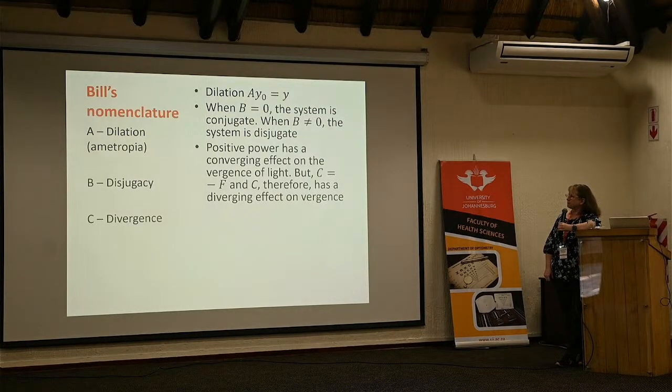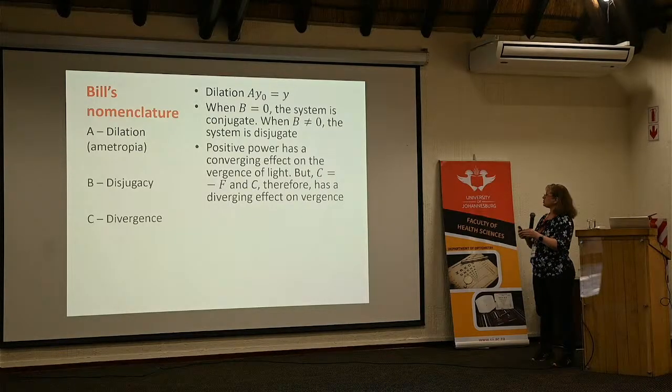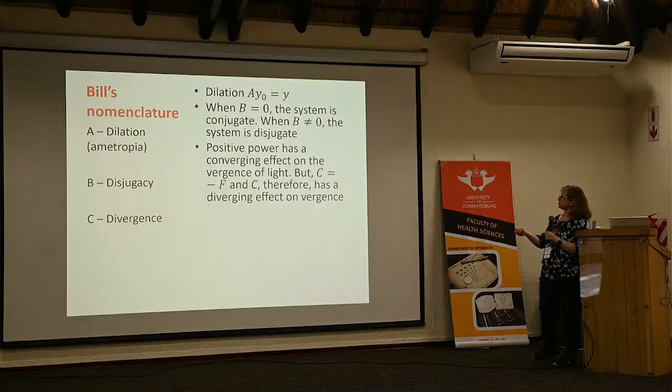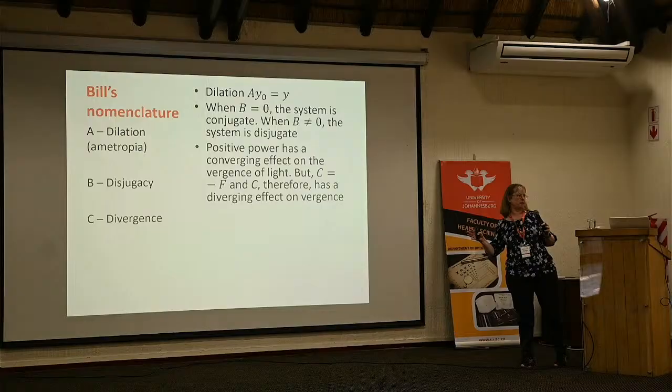C, divergence. We talk about a positive power having a converging effect on the divergence of light. So if C is equal to minus F, then positive C would have a diverging effect, so we're calling it divergence.